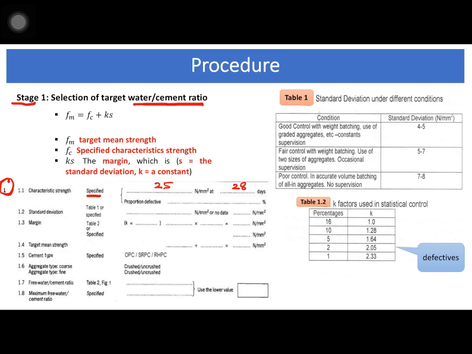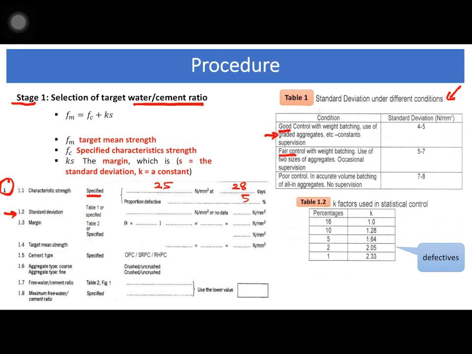And then here, what is the proportion defective? So the proportion defective given in the mix requirement is 5%. So you write 5%. And then next, 1.2 is standard deviation. So standard deviation, you may refer to table 1. Table 1 shows standard deviation under different conditions. So here we have 3 types of condition. Number 1, good control.